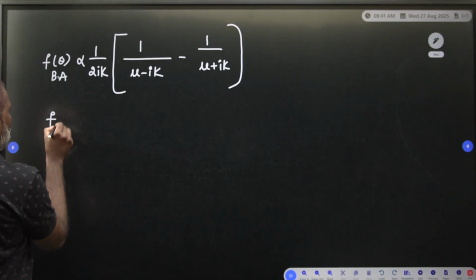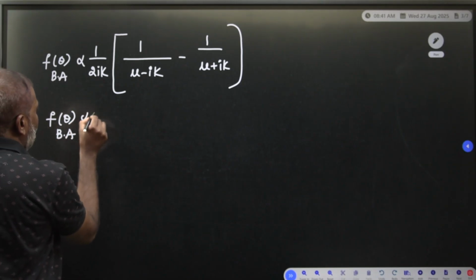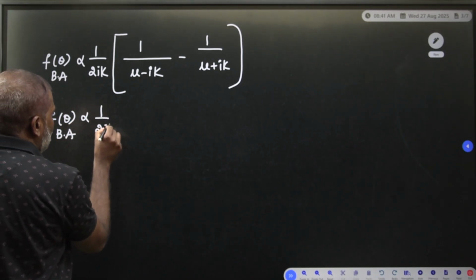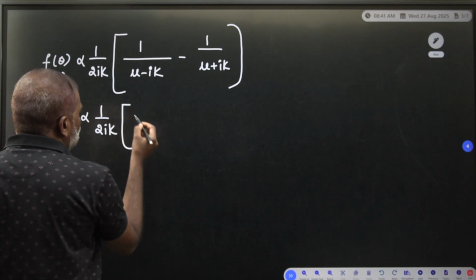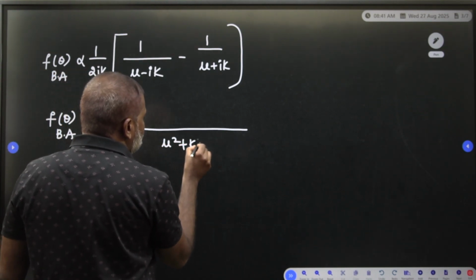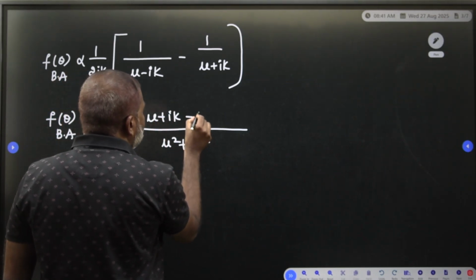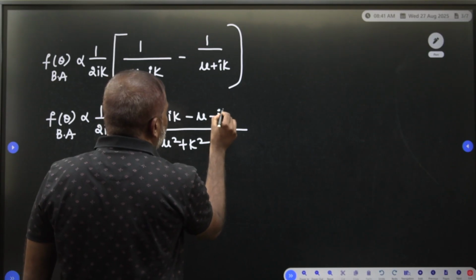Therefore, the scattering amplitude under the Born approximation is directly proportional to 1 by 2ik. You have to take the LCM, mu square plus k square, because it is a complex number: mu plus ik minus mu minus ik you have to write.